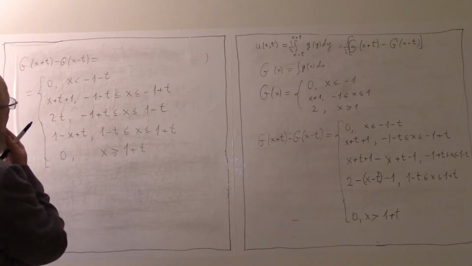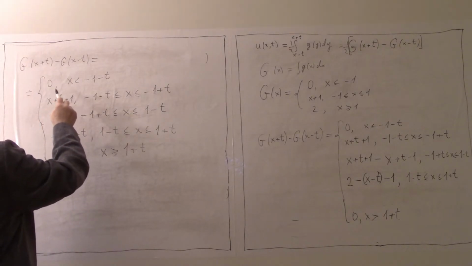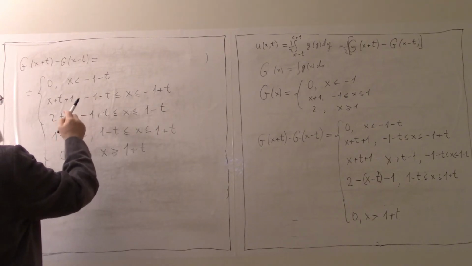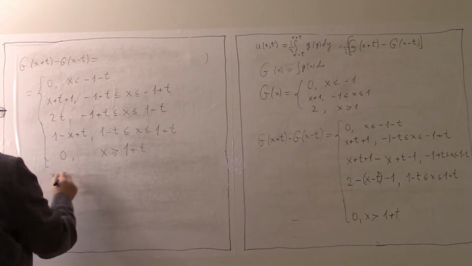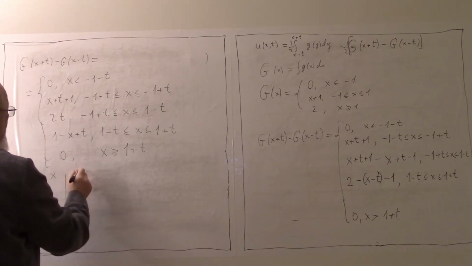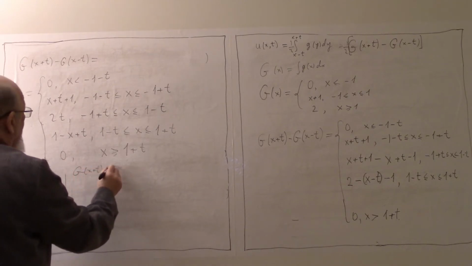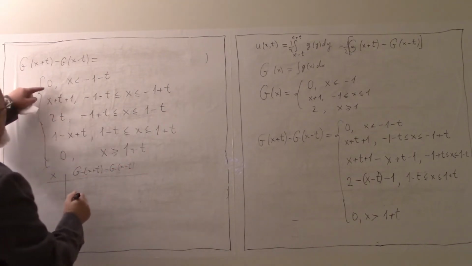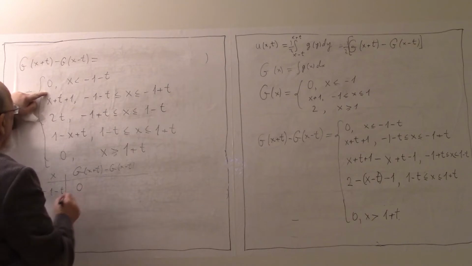Now we have to draw the picture. To this end, we find the coordinates of the characteristic points. So let me make a table. It is x, and g of x plus t minus g of x minus t. So x is minus 1 minus t. The function is 0.